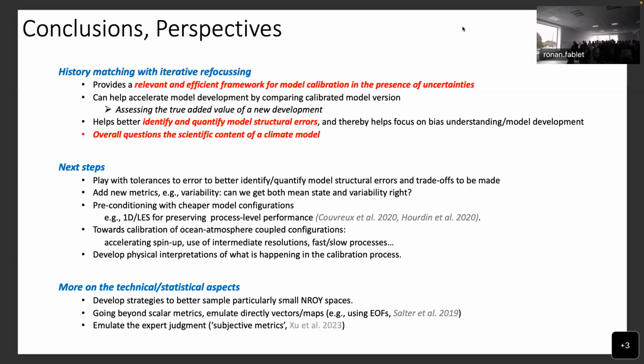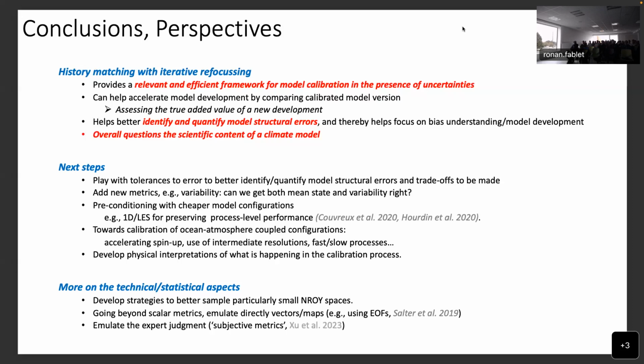As I showed you, preconditioning using very cheap model configurations is really interesting. For going to ocean atmosphere coupled configurations, there is a big step to take because they are more expensive. They need a longer simulation time to achieve equilibrium.